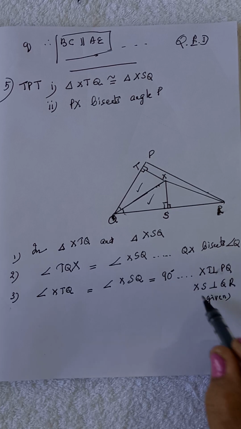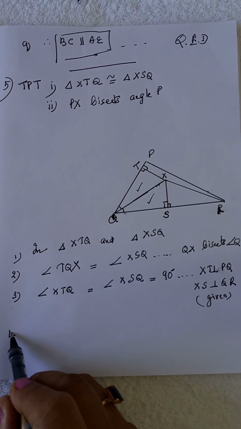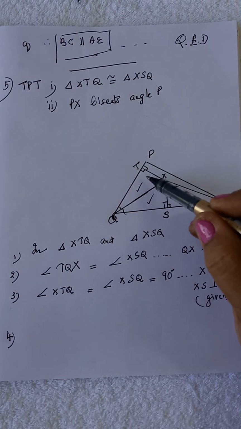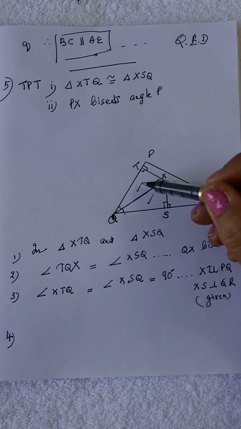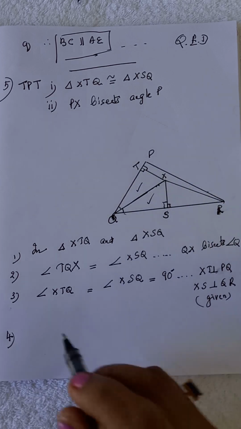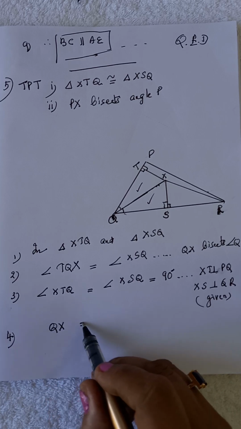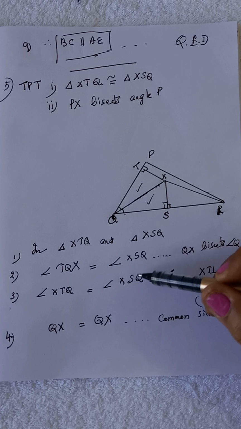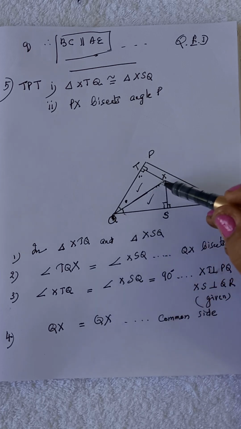These are given. Now the fourth point we can write, this QX side is coming as common side to the first triangle and second triangle. So we can write QX is equal to QX. What is the reason? Common side. So here one angle, then second one is also angle, then one side. So angle angle side.